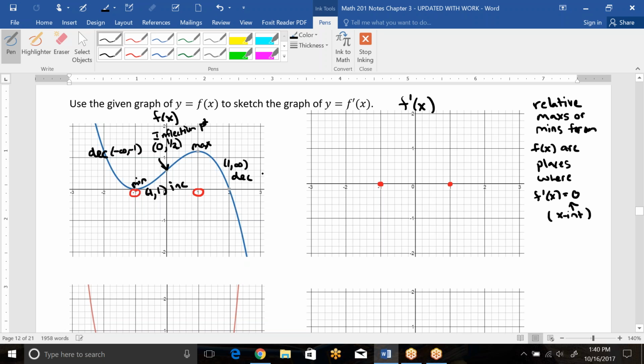Okay. So what we know about decreasing, increasing, and decreasing is that when you have a decreasing part, your f prime of x is less than 0. If you have an increasing portion, your f prime of x is greater than 0. So that tells us when are we above or below the x-axis. So this would be below the x-axis.